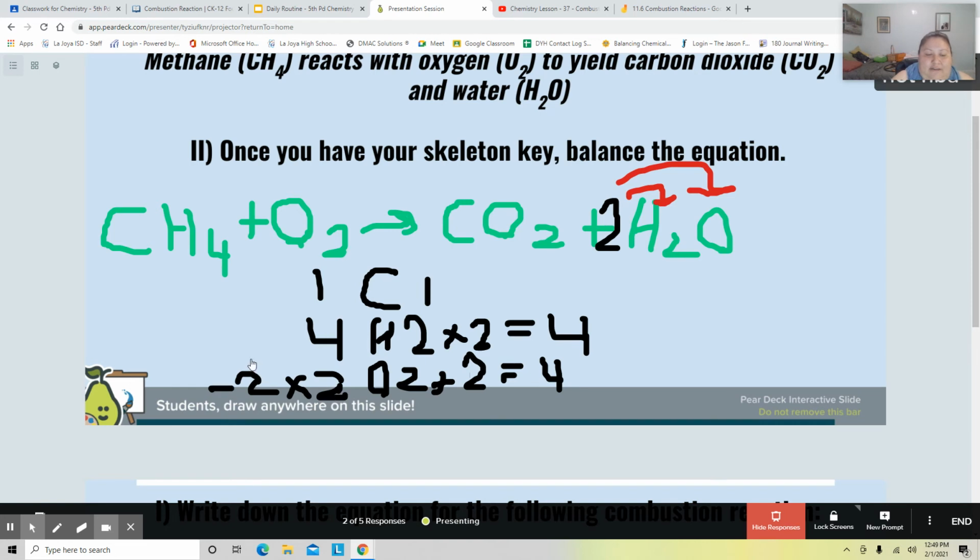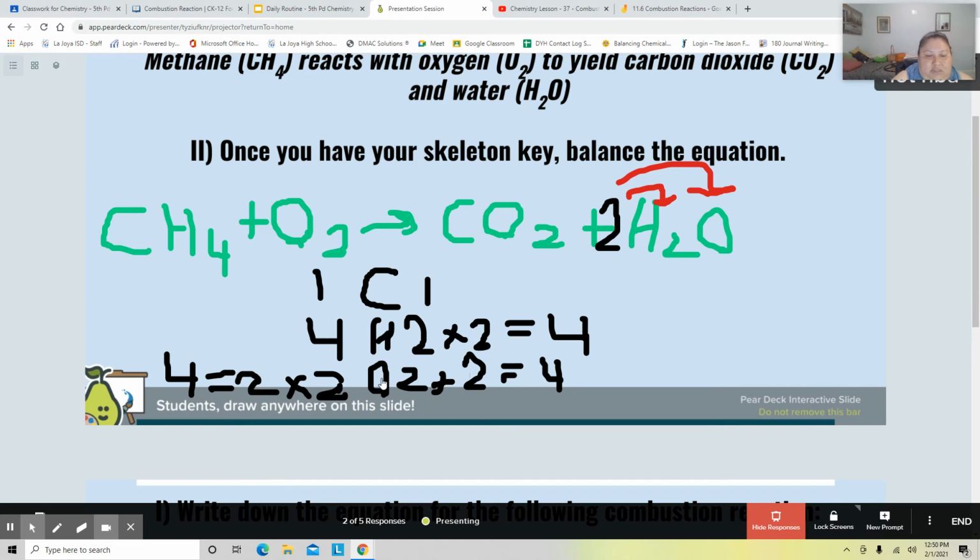I have a 2 on the left. So look, very good. She or he says that we need to multiply by 2 so we can get 4. So what goes here? Where does the number go?